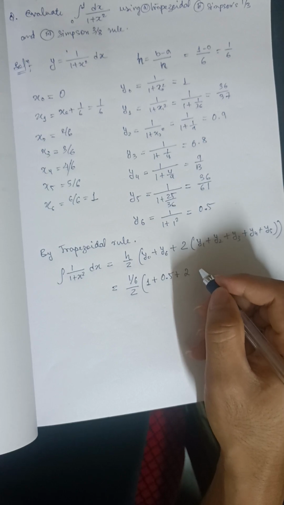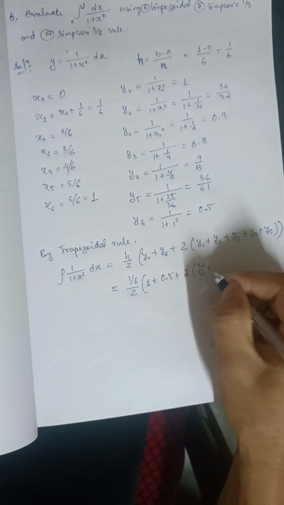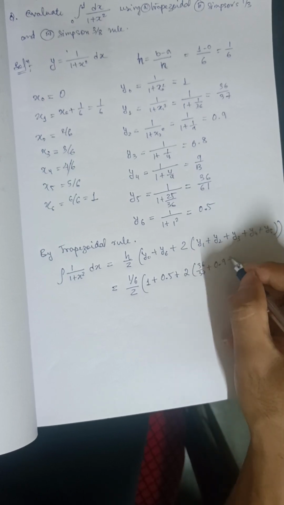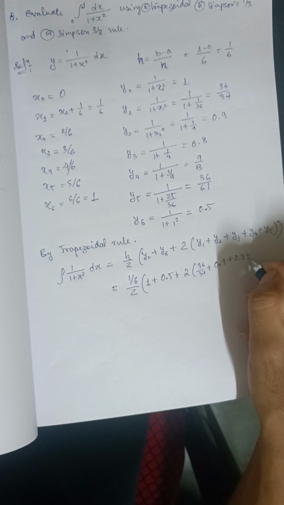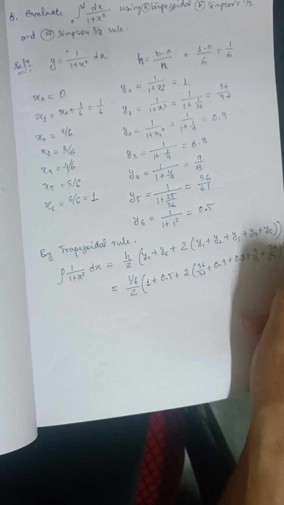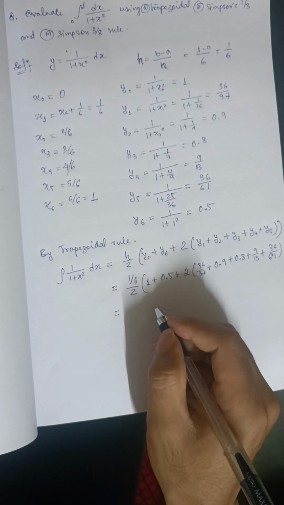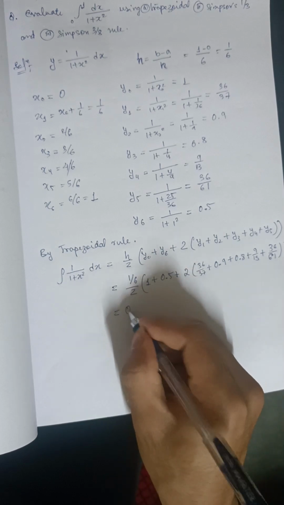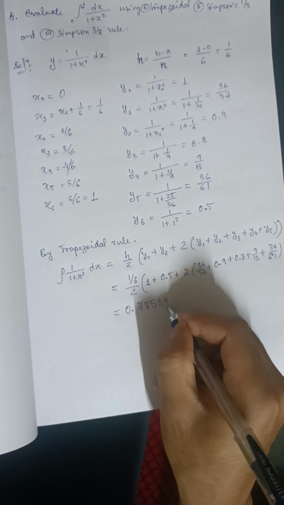So y1 we have here is 36 by 37, y2 we got 0.9, y3 we got 0.8, y4 we get 9 by 13, and our y5 we get here is 36 by 61. So solving all this, we'll get our answer to be approximately 0.785396.